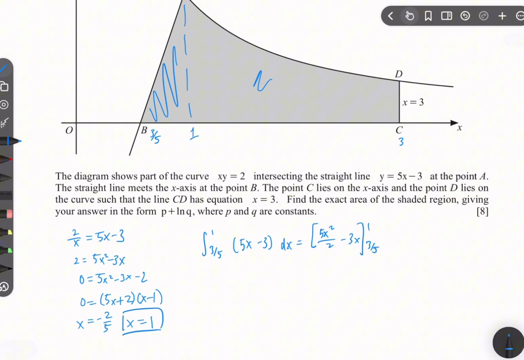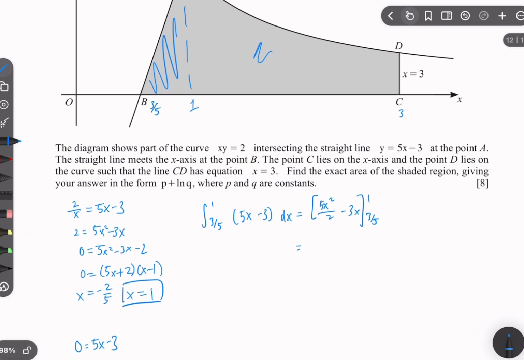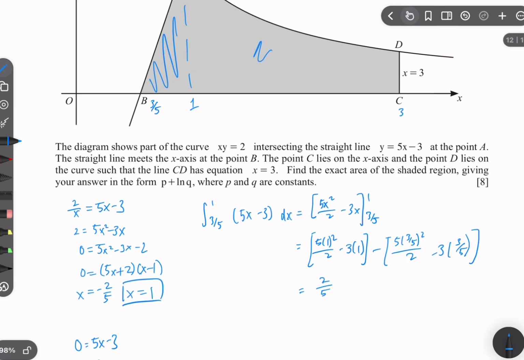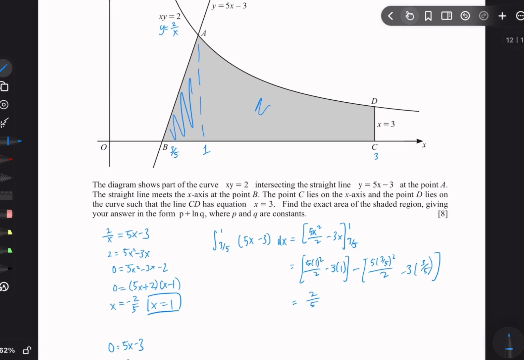Now you can just sub 1 and 3 over 5 into this equation. Okay, so this is the area of the triangle.